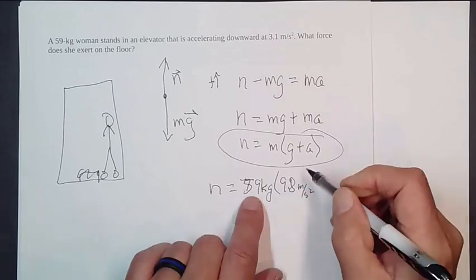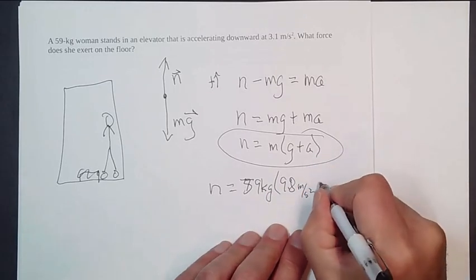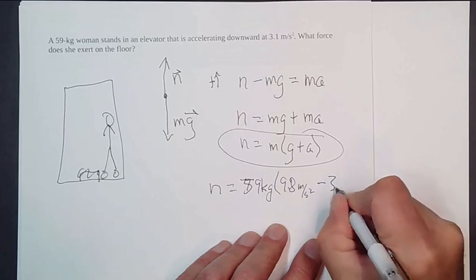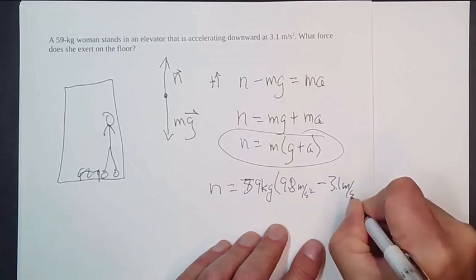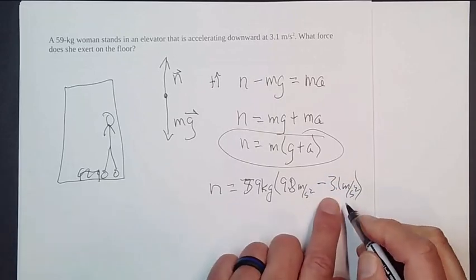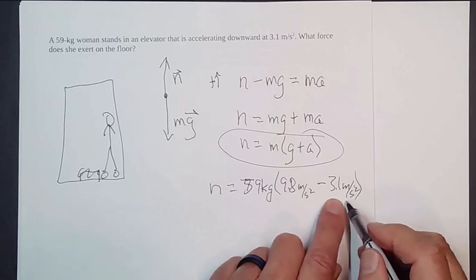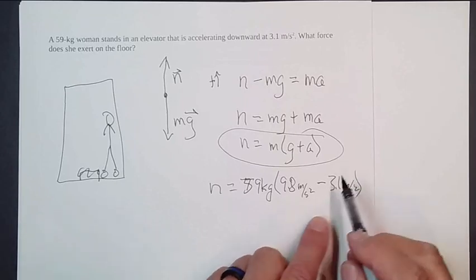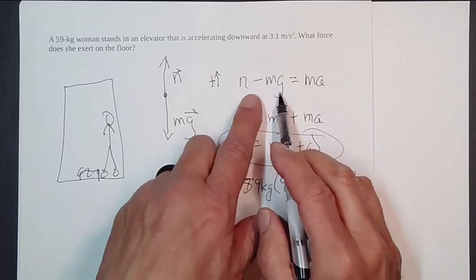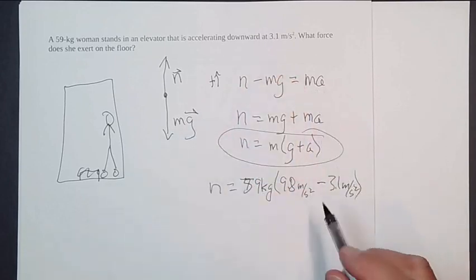We've only got 2 sig figs here. Minus 3.1 meters per second squared. A minus sign because she's accelerating downward, or the elevator is. Now, this had a minus sign when it was on that side, but when we add it to the other, it becomes positive.